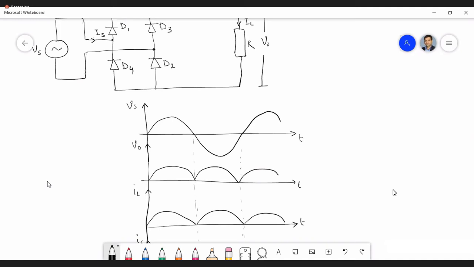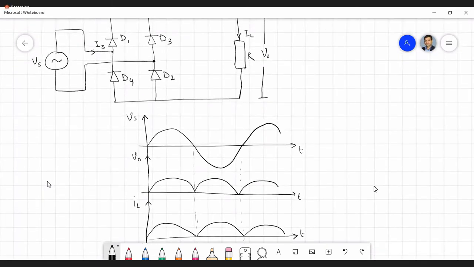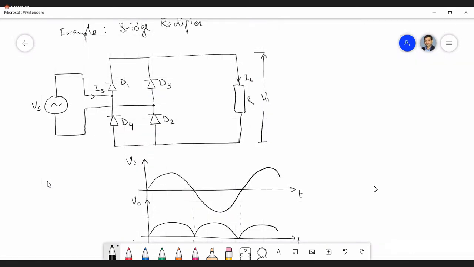So what should we do for that? Generally, what are the measures we take to make the output current and output voltage ripple free? Anybody? This is a very easy question. Sir, we apply a capacitor in parallel. Filter, use of filter. So a capacitive filter in parallel with the resistance load.